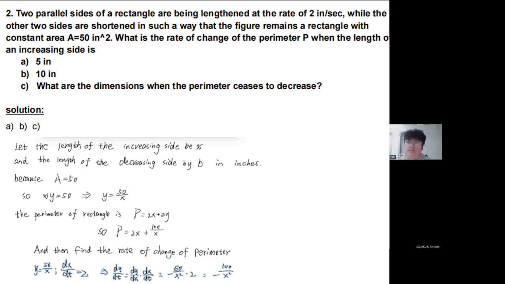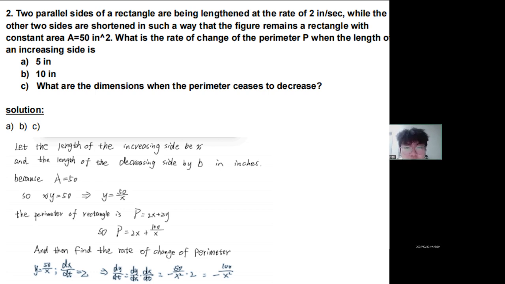Thank you. For example 2, two parallel sides of a right angle are being lengthened at the rate of 2, while the other two sides are shortened in such a way that the figure remains a right angle with the constant area A equal to 50.